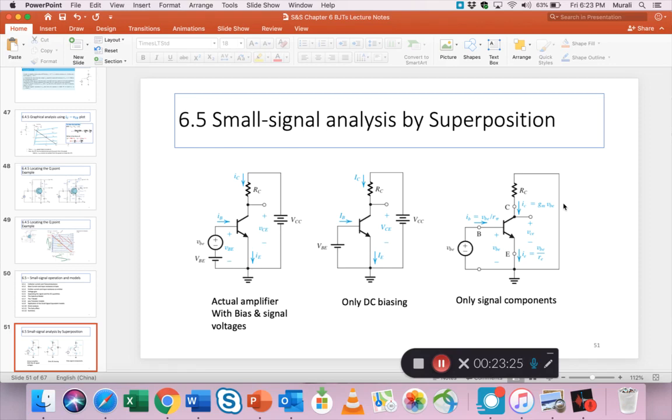So that superposition business, we were told, only applies to linear circuits, right? We saw this in the case of a diode also. We have a diode characteristic, the diode current and the diode voltage are related to each other, not really through a straight line relationship, not really linear, but through an exponential. But we said if the region that we are working in is small, then we can pretend that it's linear, right?